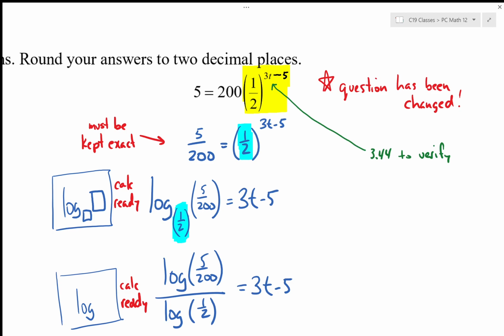So I go to the power of, in brackets, 3 times 3.44 minus 5. I press enter and I get 5.006686. Because 3.44 is approximate, my answer on the right hand side of the equal sign is going to be approximate. So I can't say it's exactly equal to 5, but it should be very, very close, right? So that's how you verify in these things.